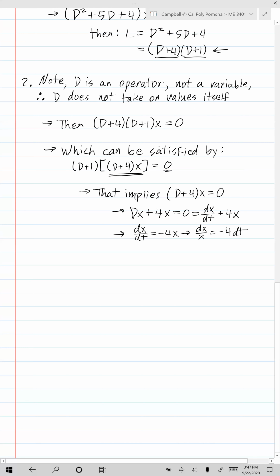And then integrating both sides, we get ln of x is equal to negative 4t plus k prime.